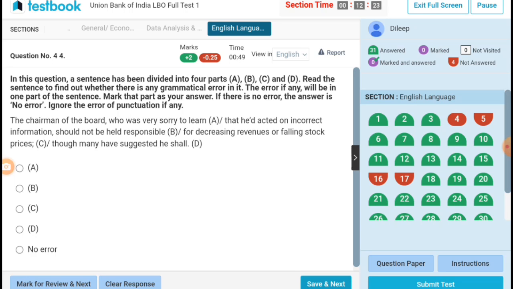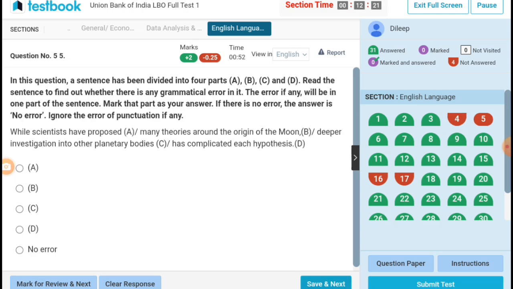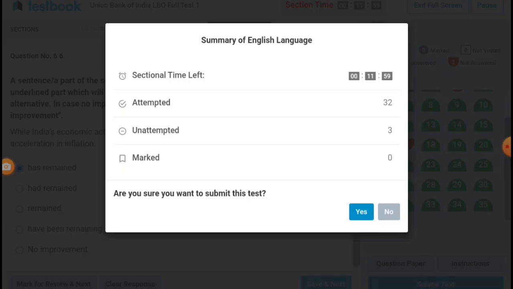While scientists have proposed many theories around the origin of the moon, deeper investigation into other planetary bodies. I think option D. So I submitted this test.